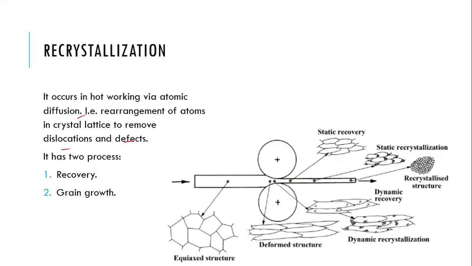For now, take recrystallization as heating the material and providing enough energy so that the atoms are able to rearrange themselves, so the effects of strain hardening wear off, or to remove the effects of strain hardening.